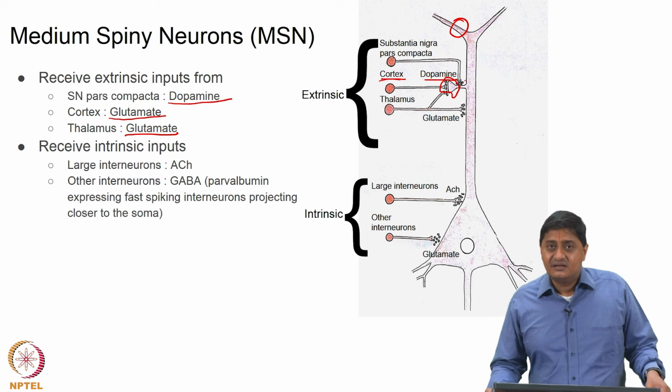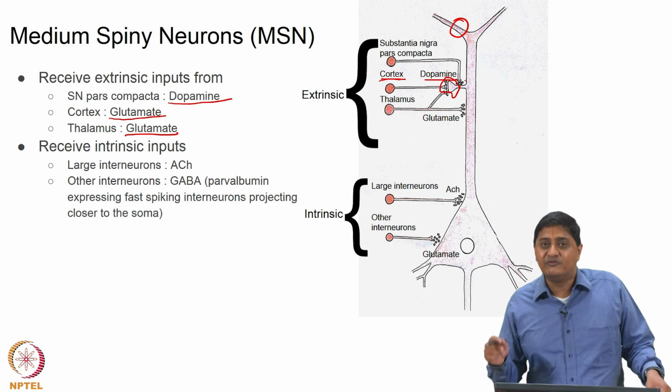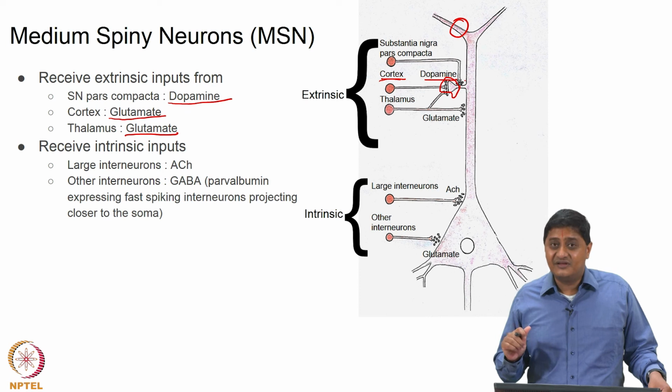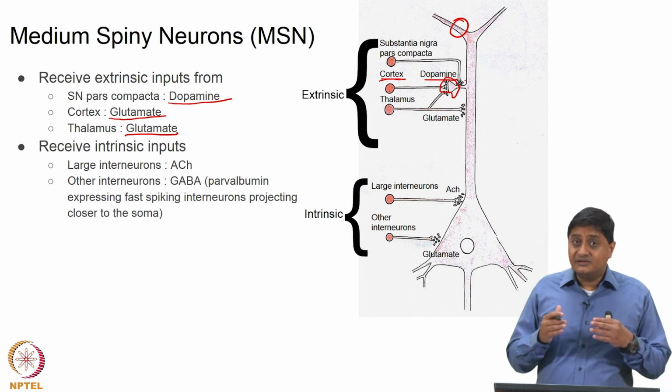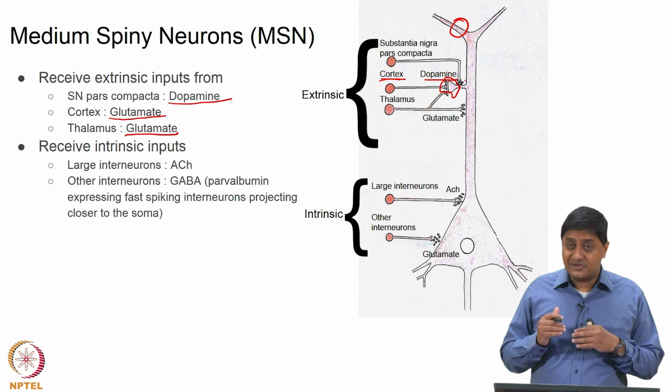So, that means the chance that the neurons in the thalamus and the interneurons will influence the output of the medium spiny neurons is greater when compared with the chance that the nigral neurons, basically the dopaminergic neurons from the substantia nigra pars compacta, and the glutamatergic neurons from the cortex will. Also, another thing to note is the level at which this happens, right.